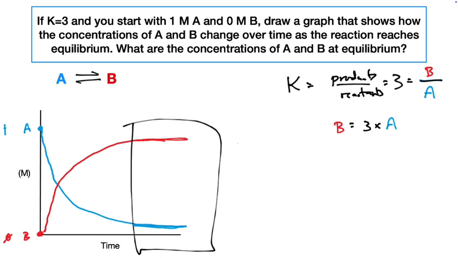What is my A concentration approaching? 0, which means I'm looking at 1 over 0, aka non-defined or infinite. We've got a number larger than 0 divided by a number approaching 0. That's going to equal a very large number. What is it supposed to equal? 3.